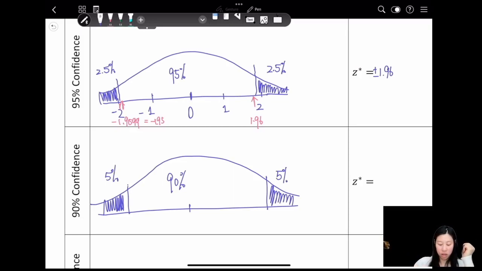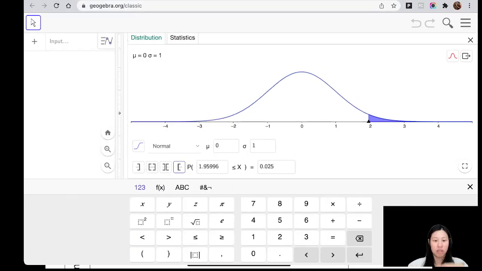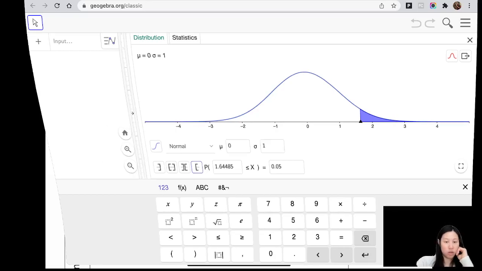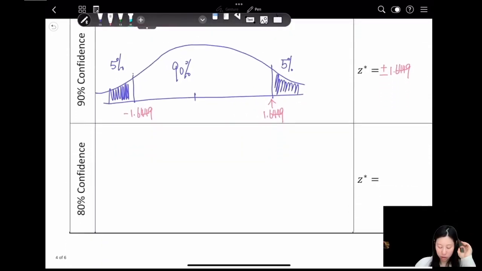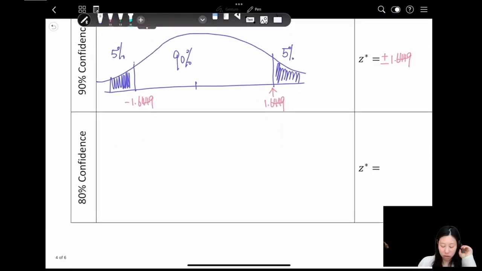That means if we find the cutoff value on one side, then we can identify the other side. So now let's do that. We want it to be 5%. So the cutoff value should be 1.6449. So that means to the left would be negative 1.6449. So our z-score should be positive or negative 1.6449.